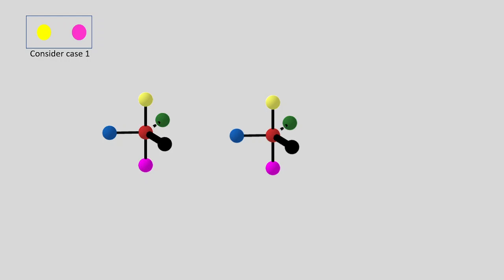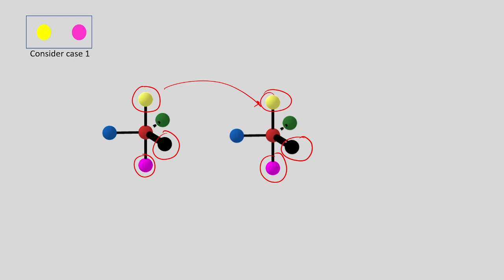But if you understand the argument, when you bring the yellow up and the pink down, and then you go for the black and bring the black in the front, then you can have two cases.